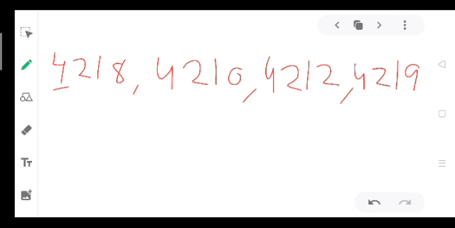Firstly check thousands. All are same. Can't compare. Check their hundreds. Hundreds are also same. 200, 200 and 200. Can't compare. Now we will check their tens.